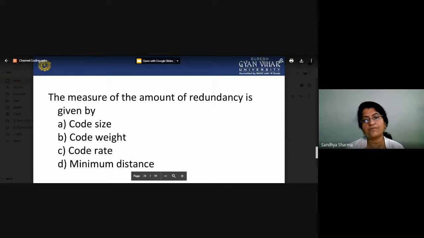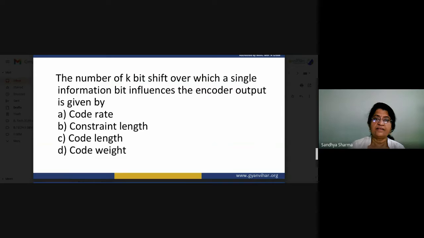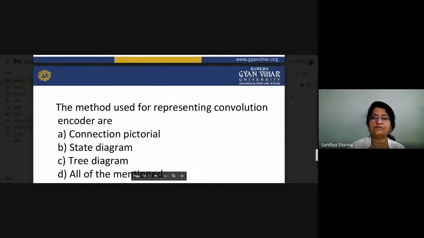The measure of the amount of redundancy is given by how you can change or compare that redundancy. Then, the number of k-bit shifts over which a single information bit influences the encoder output. So you have to decide how many k-bit shifts a single information bit influences the encoder output. You have to keep in mind the method used for representing.